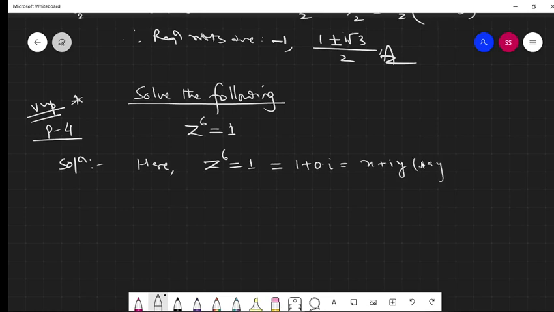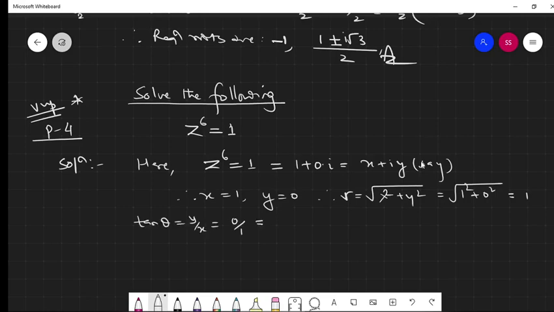Say we suppose this, therefore x equal to 1, y equal to 0, r equal root under x square plus y square, 1 square plus 0 square, under root 1, and tan theta, that is y by x, 0 by 1 equal 0, both are positive, that's why theta equals 0 degree, no doubt.